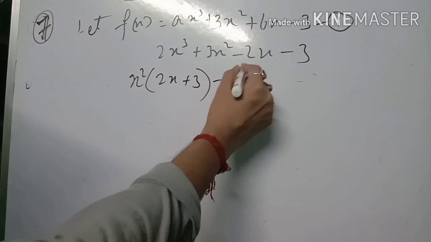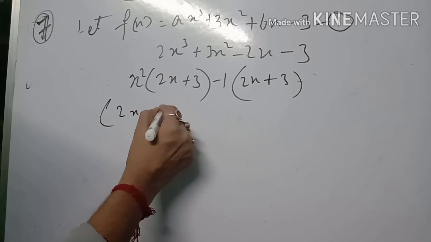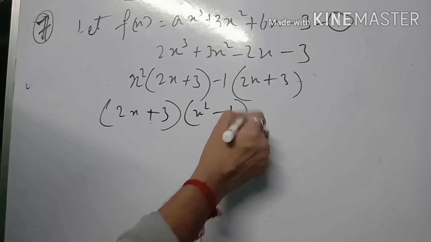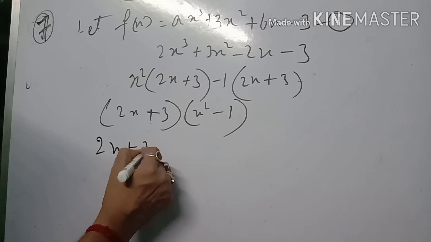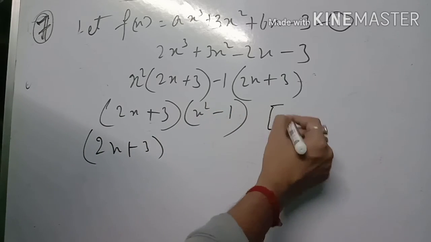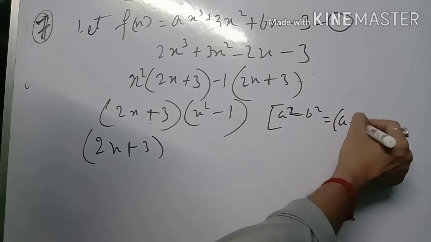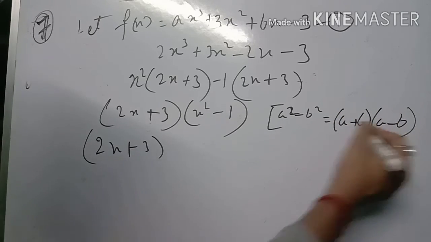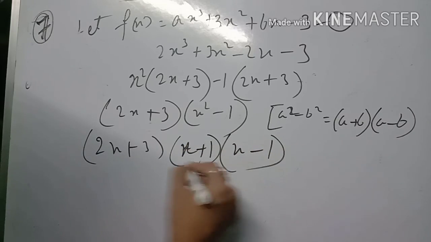From here I'm going to take 1 common. So we are getting 2x plus 3 and x square minus 1. So the factors we are getting here are 2x plus 3, and x square minus 1, which is a square minus b square, so we get a plus b and a minus b. So we're going to get x plus 1, x minus 1.